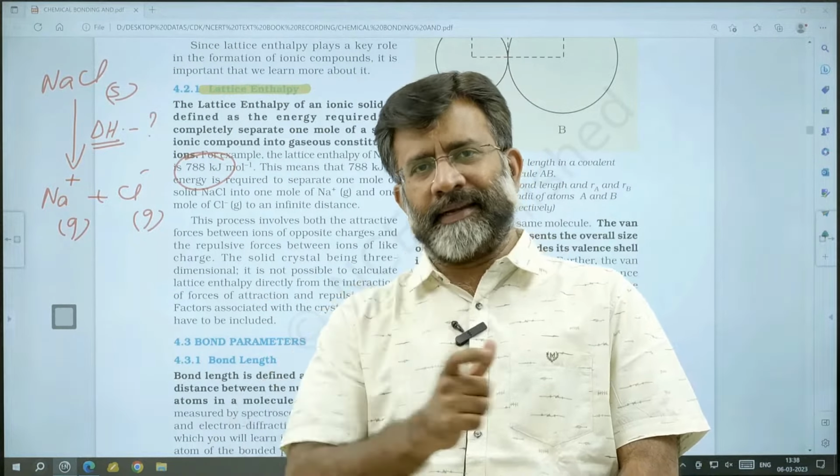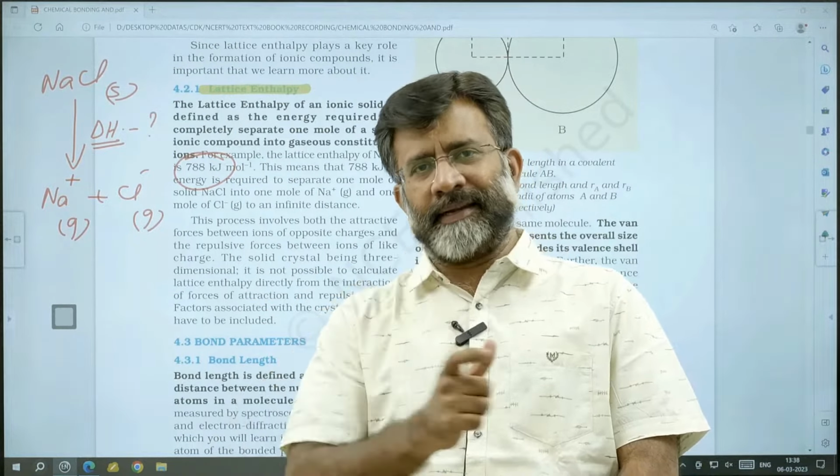Then it is bond enthalpy. What is bond enthalpy? The energy required to break one mole of a particular type of bond is called bond enthalpy or bond dissociation enthalpy. In some cases, it may also be referred to as atomization enthalpy. Look at this example: H-H, hydrogen H2.